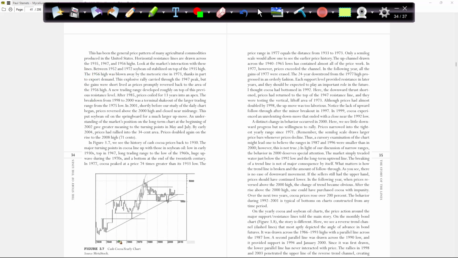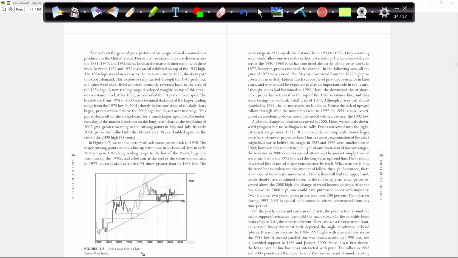Between 1952 and 1972, soybean oil stabilized on top of the 1935 high. The 1956 high was blown away by the meteoric rise, right?